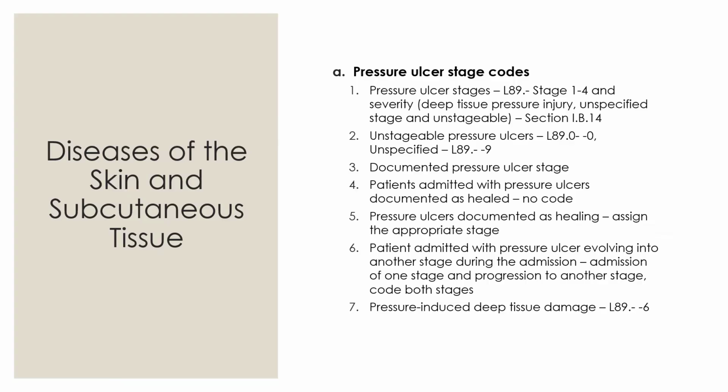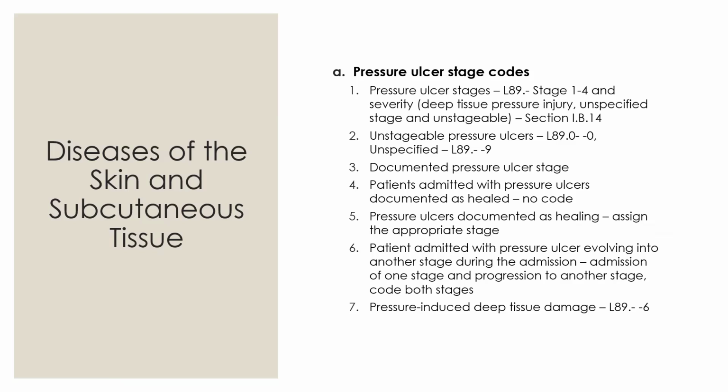Assign as many codes from category L89 as needed to identify all pressure ulcers the patient has, if applicable. For additional information on this, you can see section 1.B.14 for pressure ulcer stage documentation by clinicians other than the patient's provider.